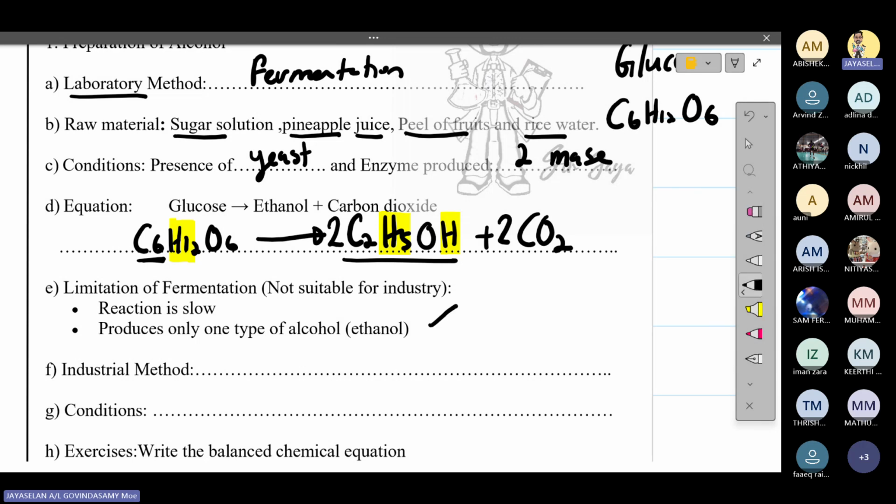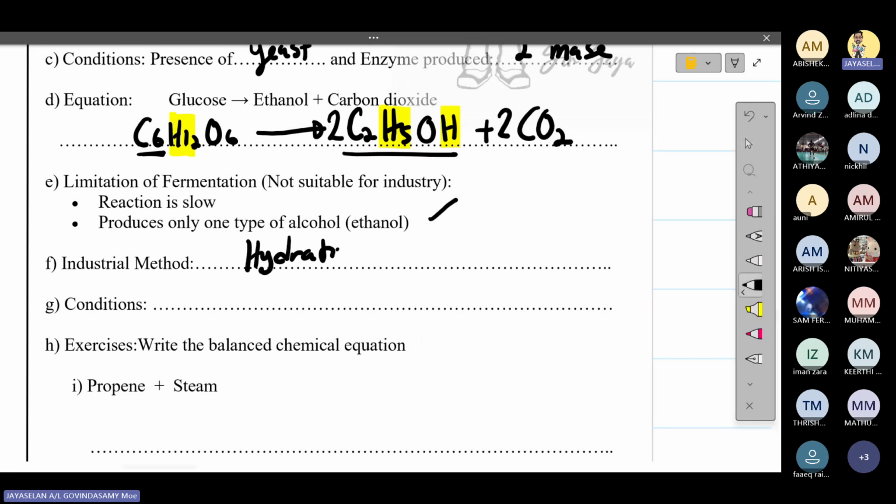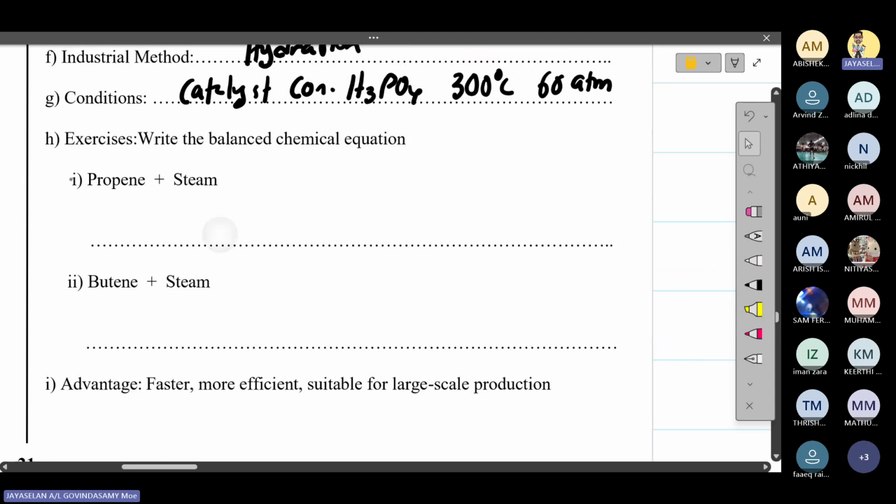Kena hafal benda ni. In industry, what is the name of the reaction? Answer: hydration. In hydration, what condition needed? We need catalyst. What is the name of the catalyst? Concentrated phosphoric acid. Other condition, we need 300 degrees Celsius, 60 atm. Saya dah ulang banyak kali dah. So must remember. Write down these two equations, 1 minit dari sekarang.